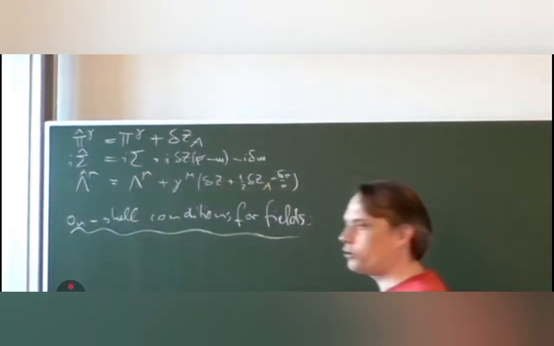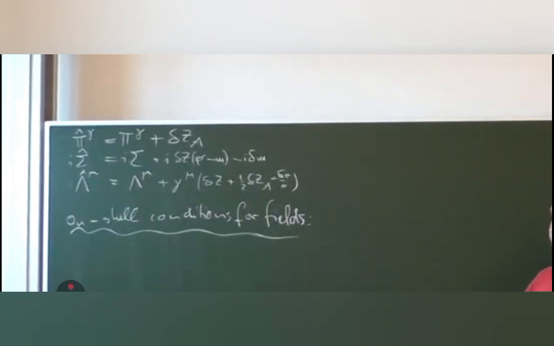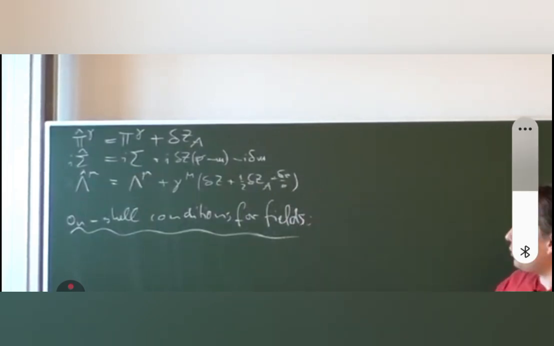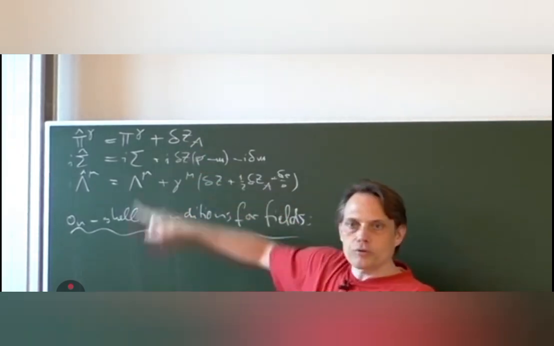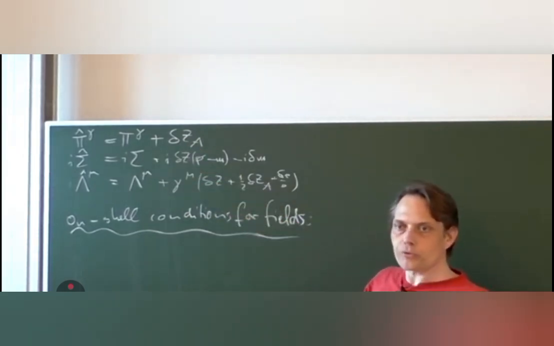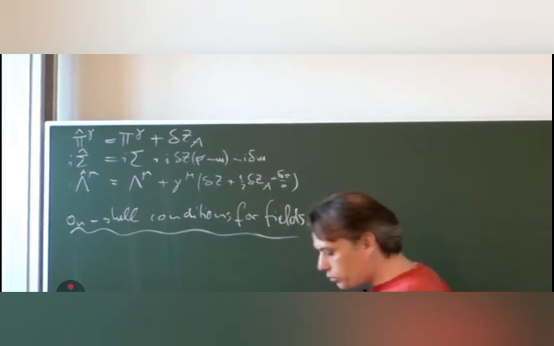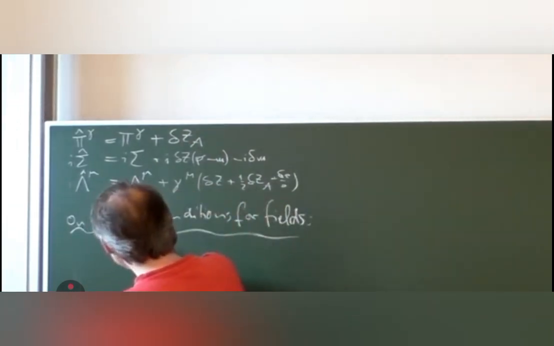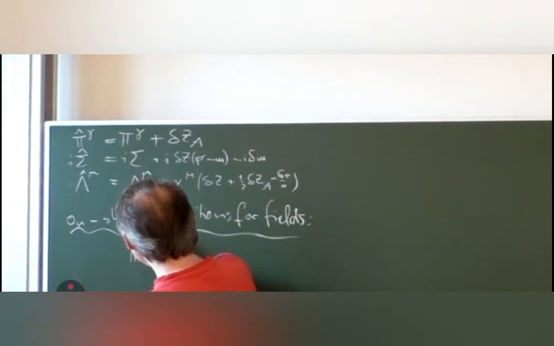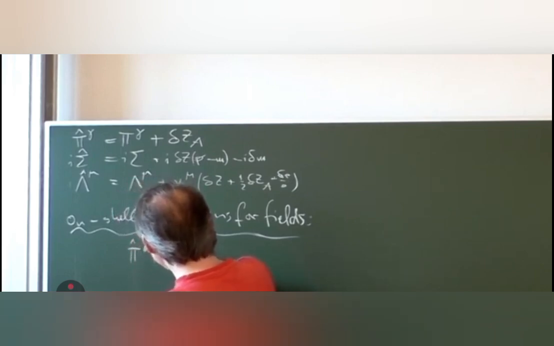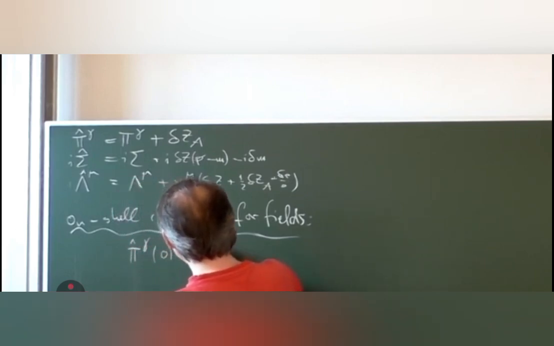First, there are on-shell conditions for the fields, conditions which in the end determine the delta Z field renormalization constants, and which have to do with derivatives of self-energies. And there are here the two: pi gamma hat of 0 is 0.